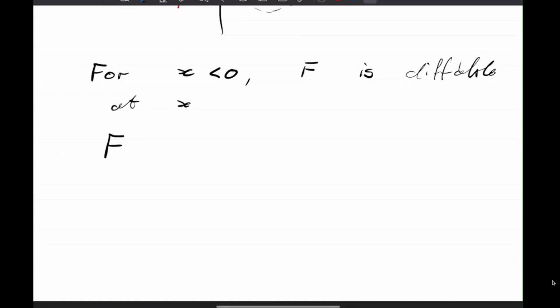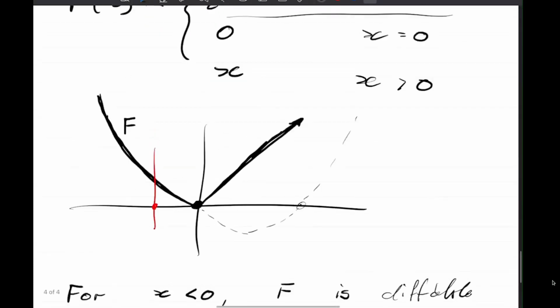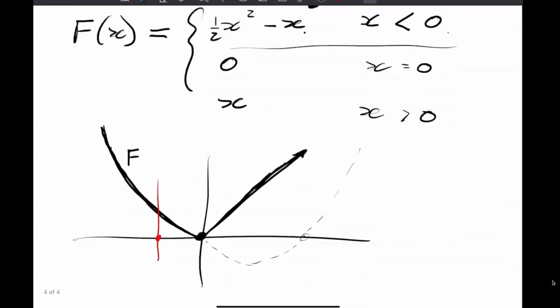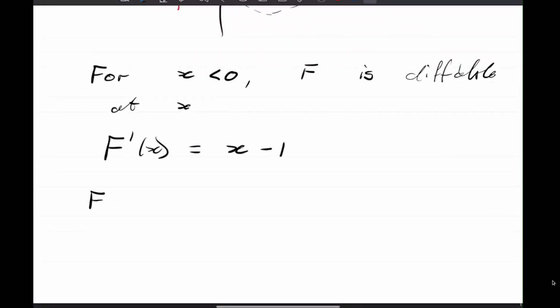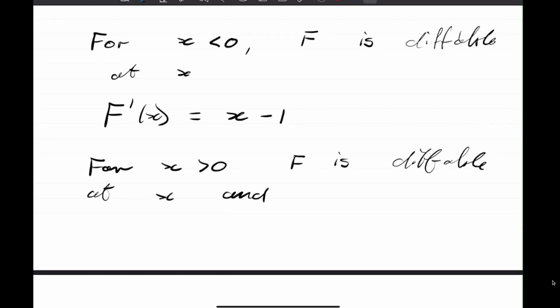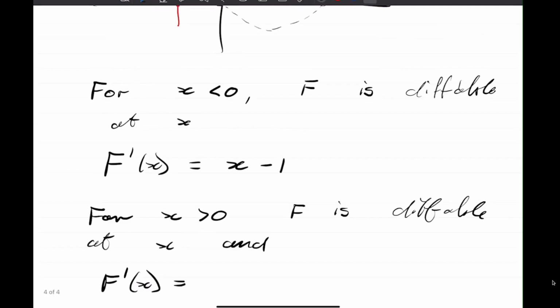and the derivative of f at x is equal to, what? x minus 1. And for x greater than 0, f is differentiable at x, and we've got the derivative of f at x.